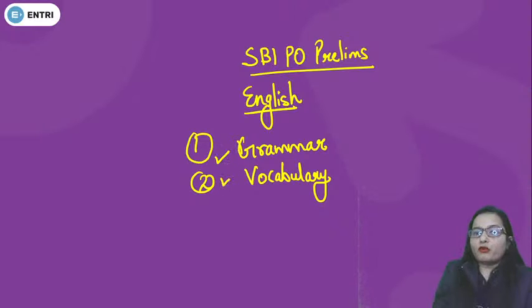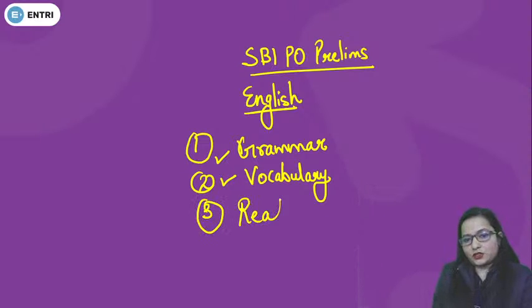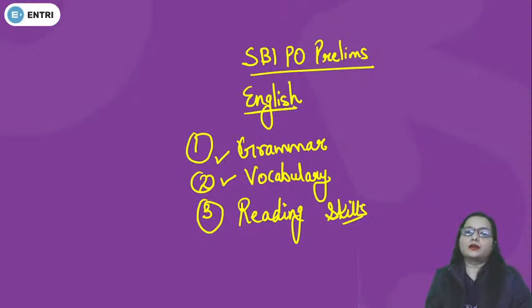Grammar and vocabulary are the 2 things which are very important for your examination. The third thing is reading comprehension, or the reading skills, where you will have a comprehension passage with some questions and options, and you have to pick which one is the appropriate one. And then you have sentence rearrangement, all these sorts of questions.